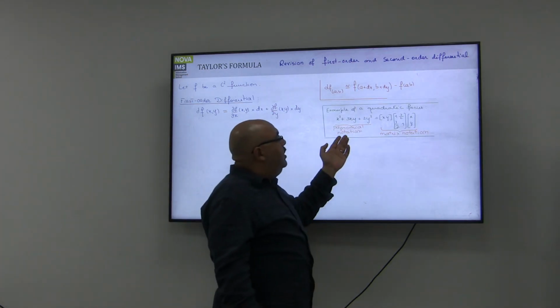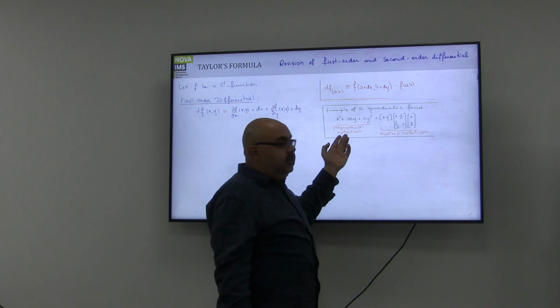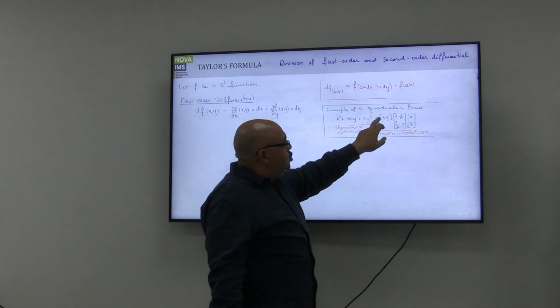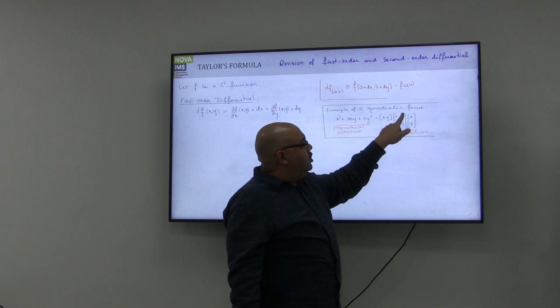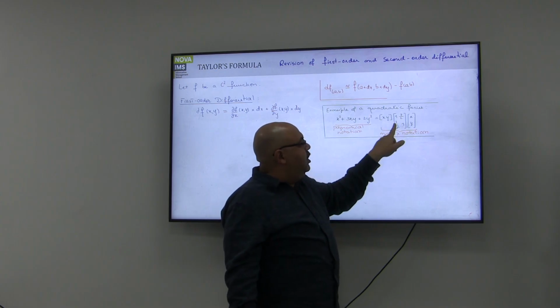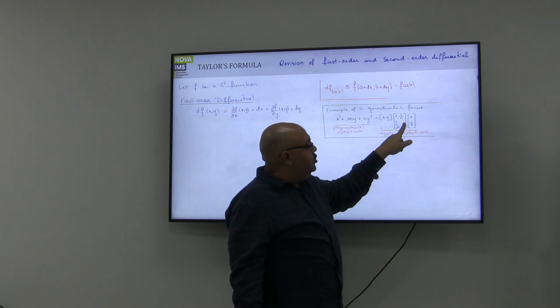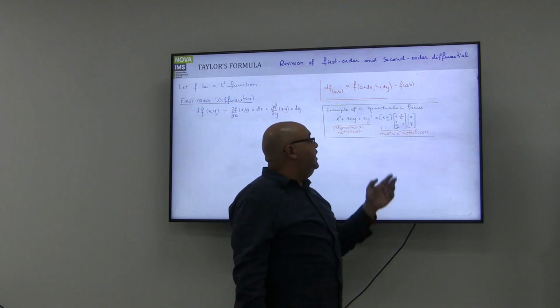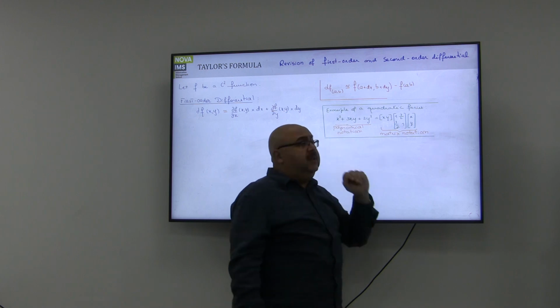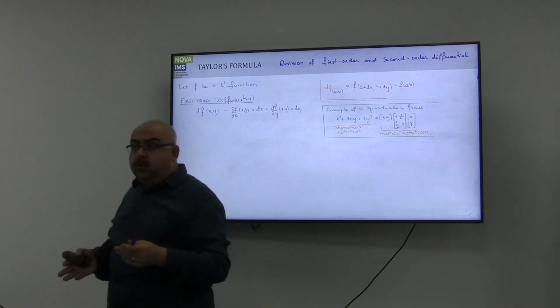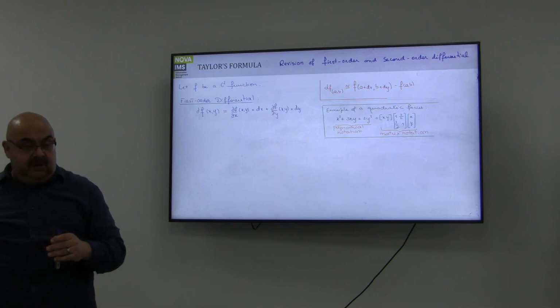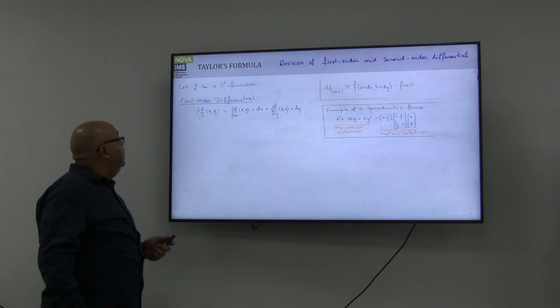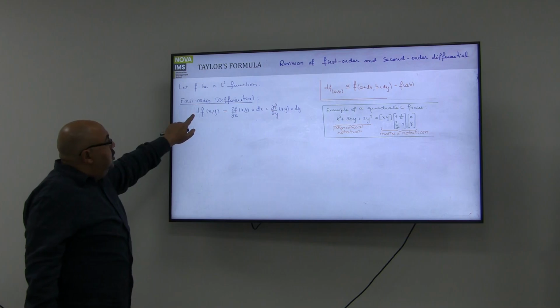Then this is the quadratic form that we are using: (x y) times the matrix of partial 2f partial x squared, partial 2f partial x partial y, partial 2f partial y partial x, partial 2f partial y squared, times (x y). That's the matrix notation, the quadratic form. We will need it down the road in the Hessian, as we had previously in higher order derivatives. That's the first order derivative.